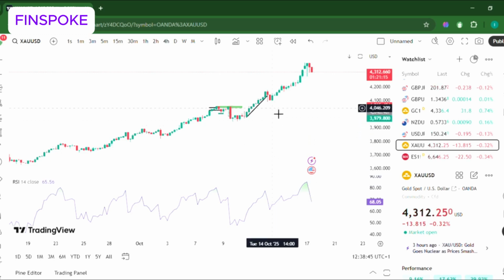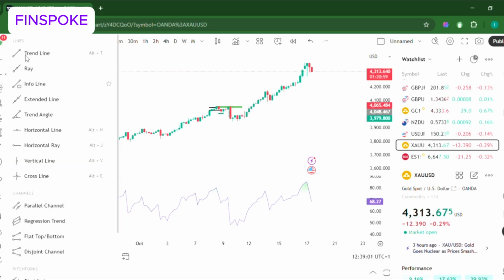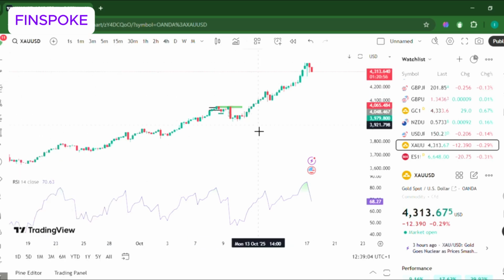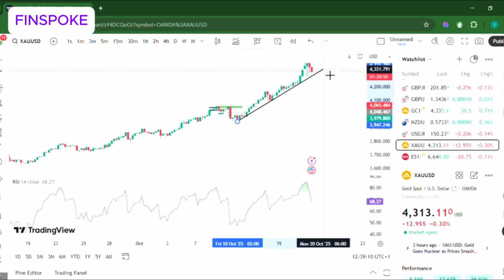When something like this happens, what do you do? You head over to your tools and pick your trend line. Try and put a trend line as price continues to go to the upside. Let price break this trend line.